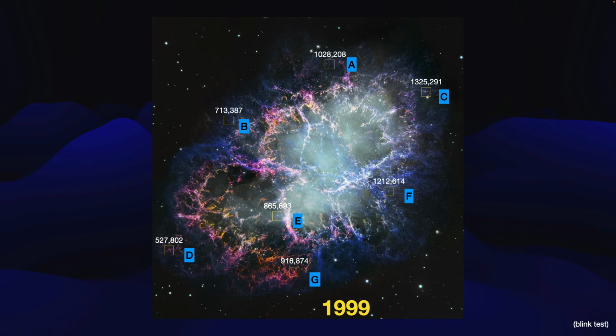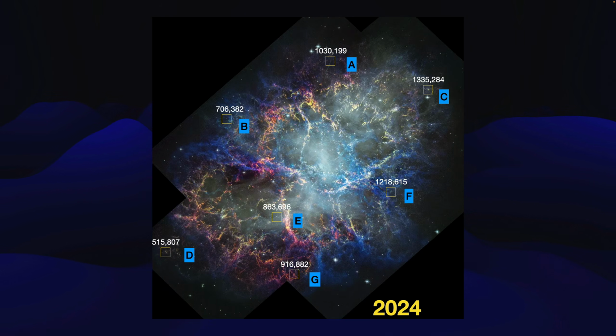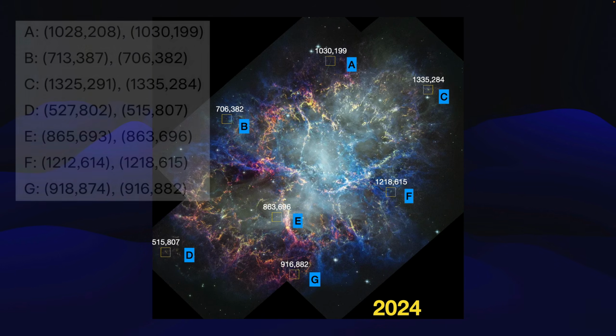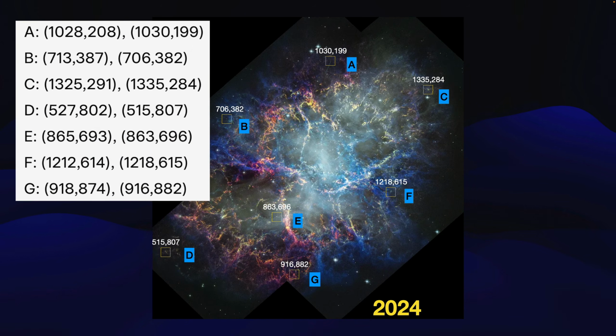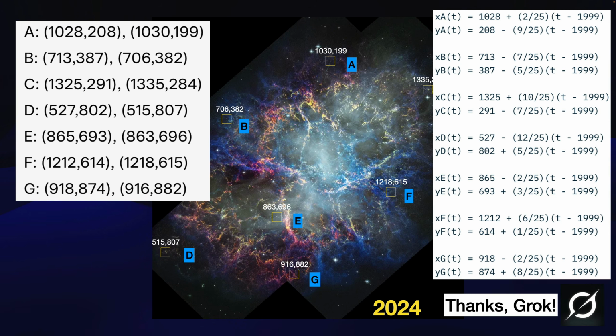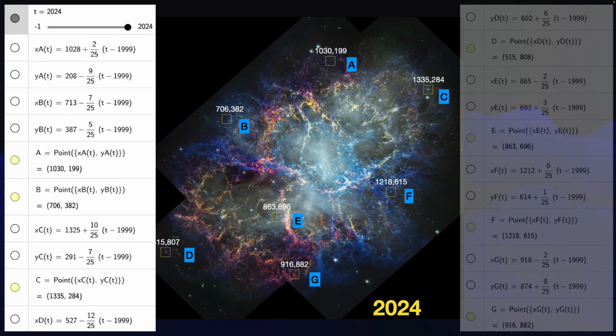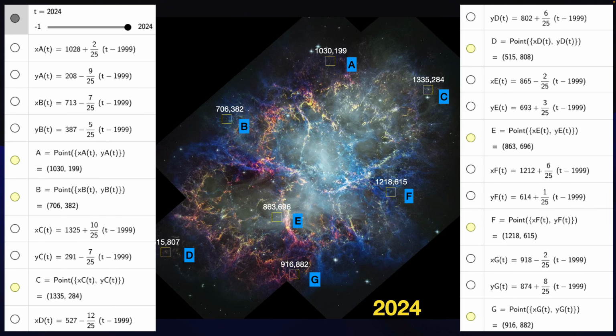All right, so if we catalog the values of those things in 1999 and 2024, we could put them into a catalog of 7 values. And then I enlisted the help of Grok to help write the parametric equations for those 7 points. And then I plugged them into GeoGebra. All right. So GeoGebra will calculate all the points and then draw the points on the screen.